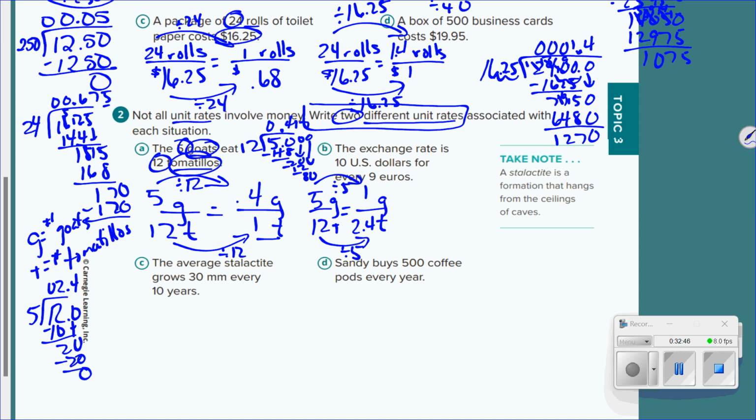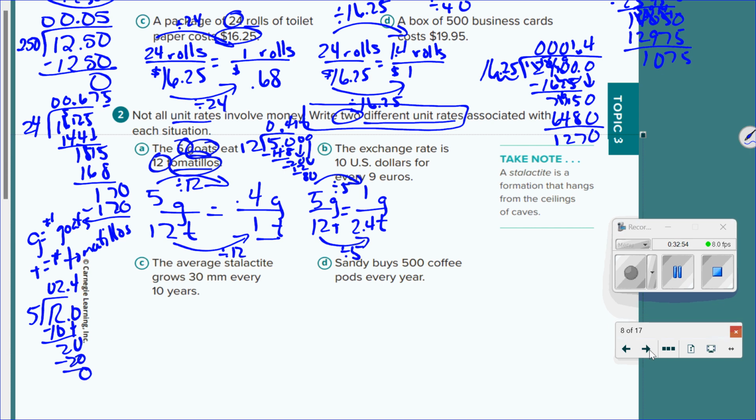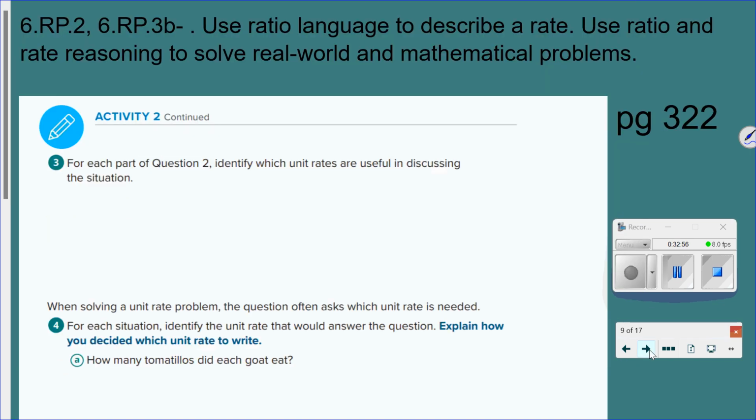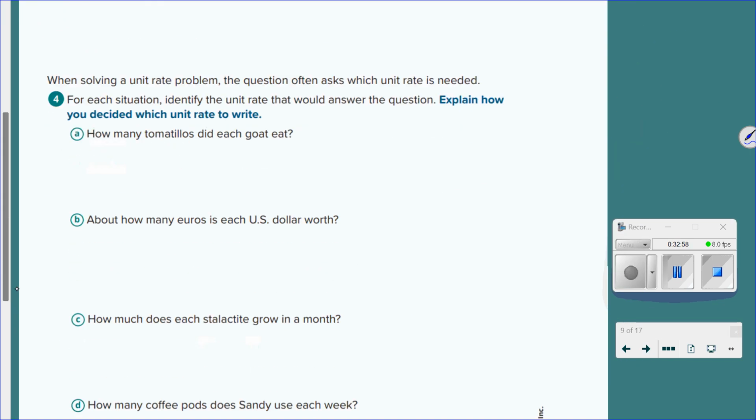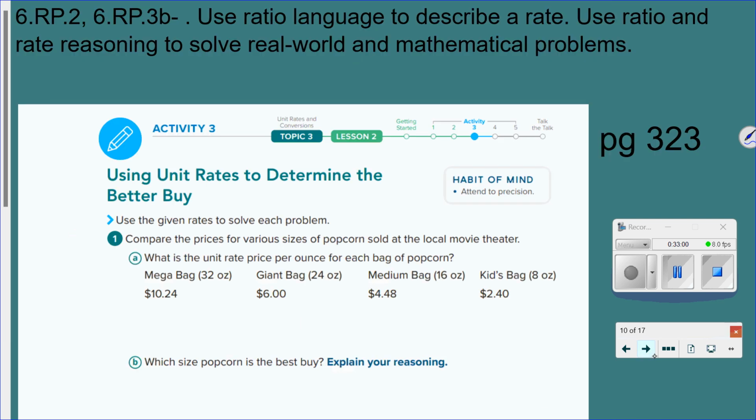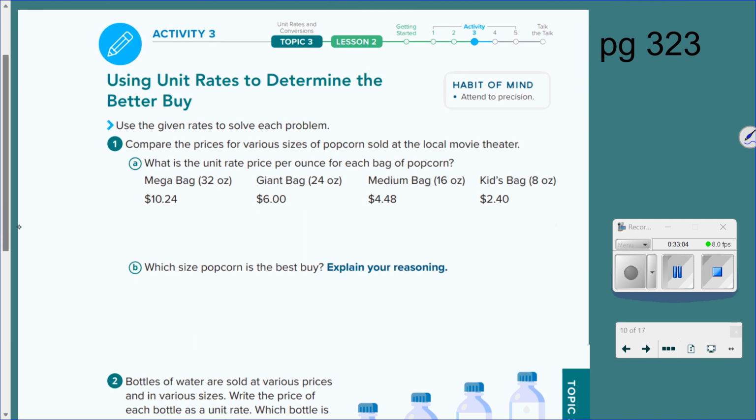I want to get another practice page, so I'm not going to do the other 3 for you. If you were able to do them, awesome, good job. But now let's skip 2 pages. This is almost exactly like your SCFA is going to be. This will be a really good example for you. You have 4 different prices, 4 different sizes.